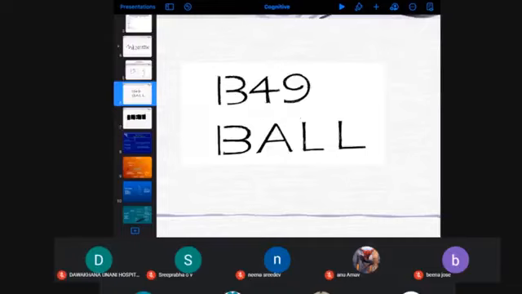So see, the initial part of both of these. In the first one, you will read it as 1, 3, 4, 9, I hope. In the second line, you will read it as BALL.